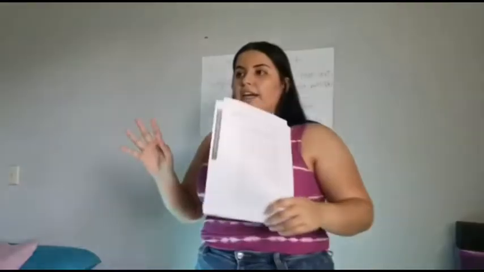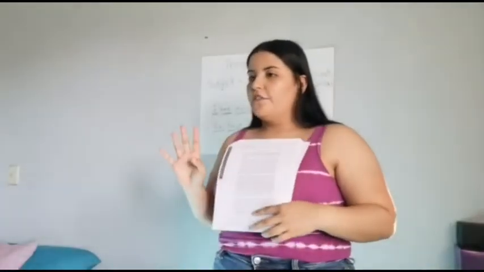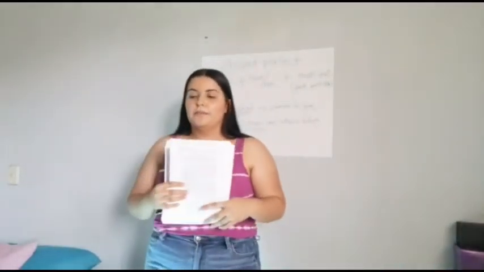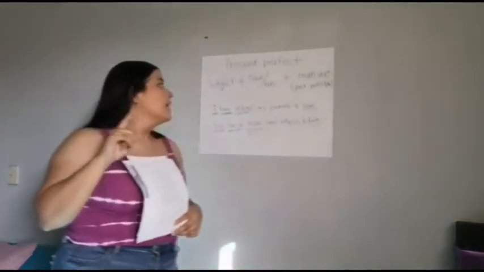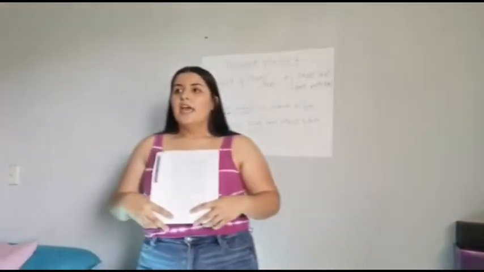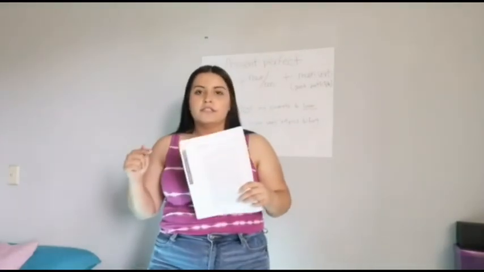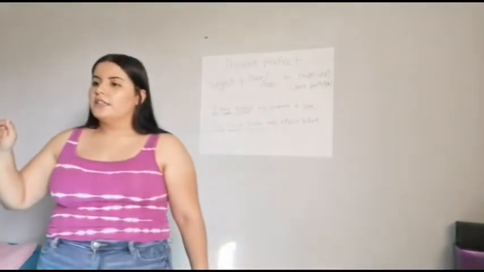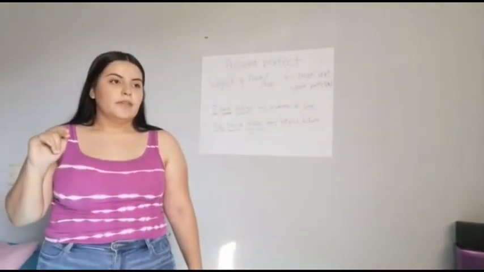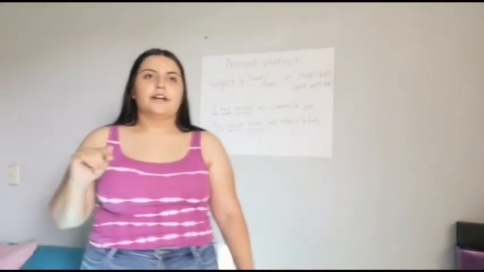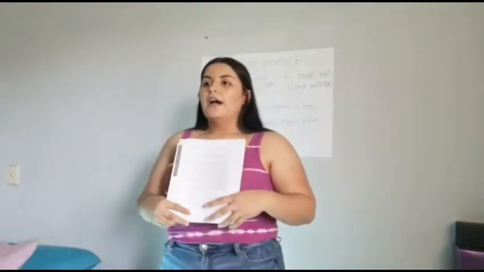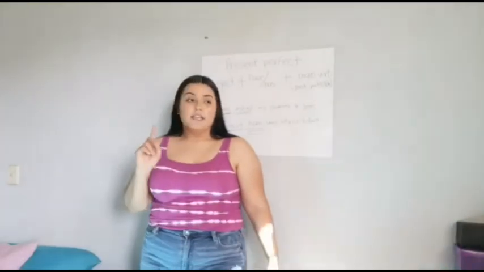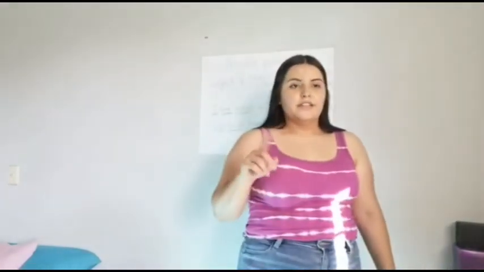Correct. You guys are going to write 10 different sentences using the present perfect tense, and then you are going to develop a text using those sentences. How long does the text have to be? 300 words long. Okay. You guys are going to be working individually, no pairs.